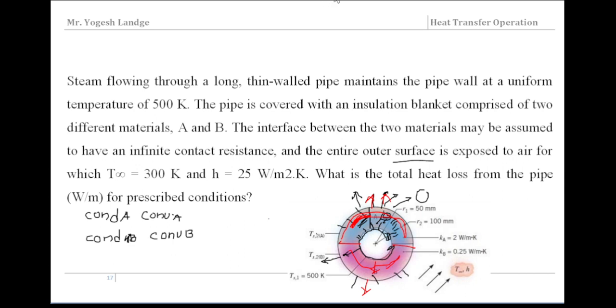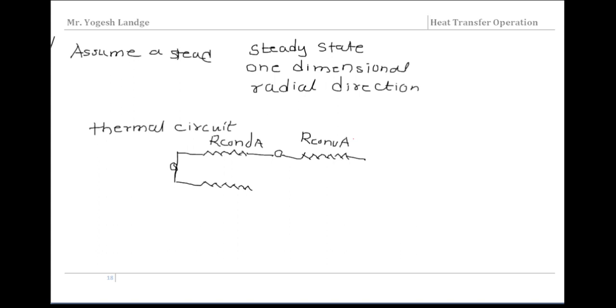So we draw the diagram accordingly, and we write this as R conduction but for material B, and similarly here is the temperature, and here is again R convection for material B, and then the total heat is transferred from here, okay.